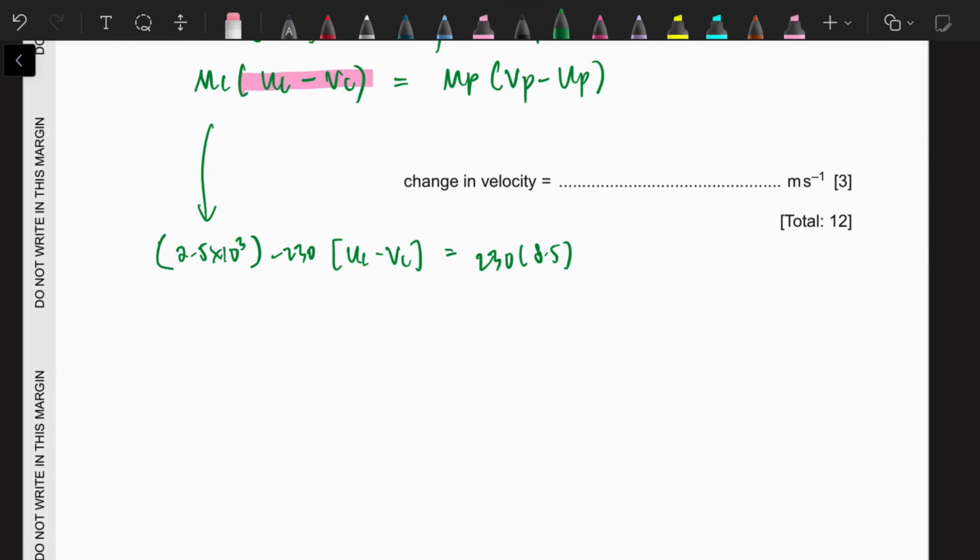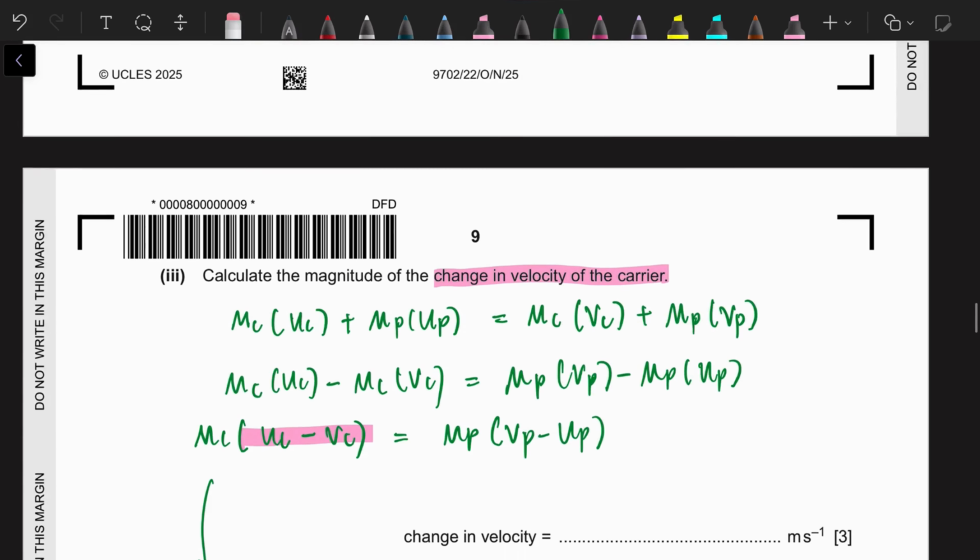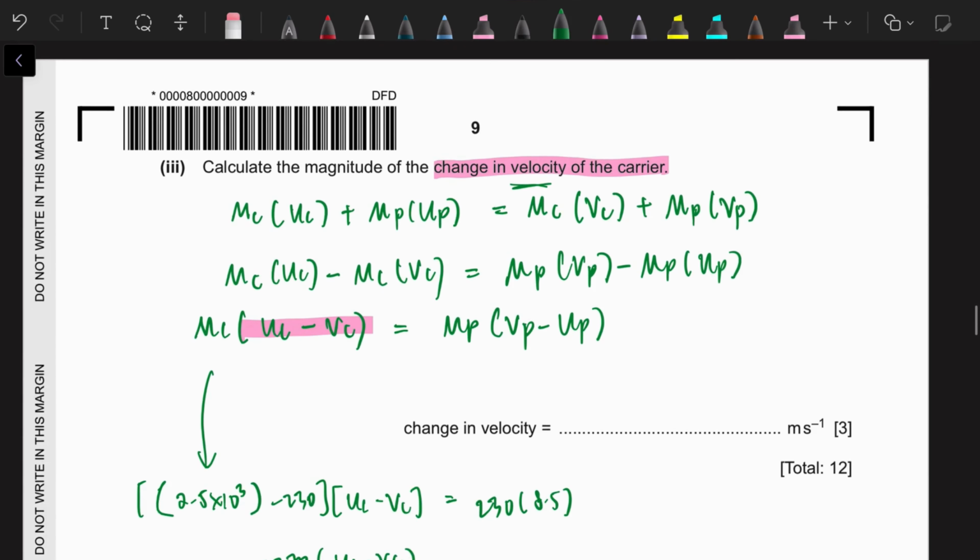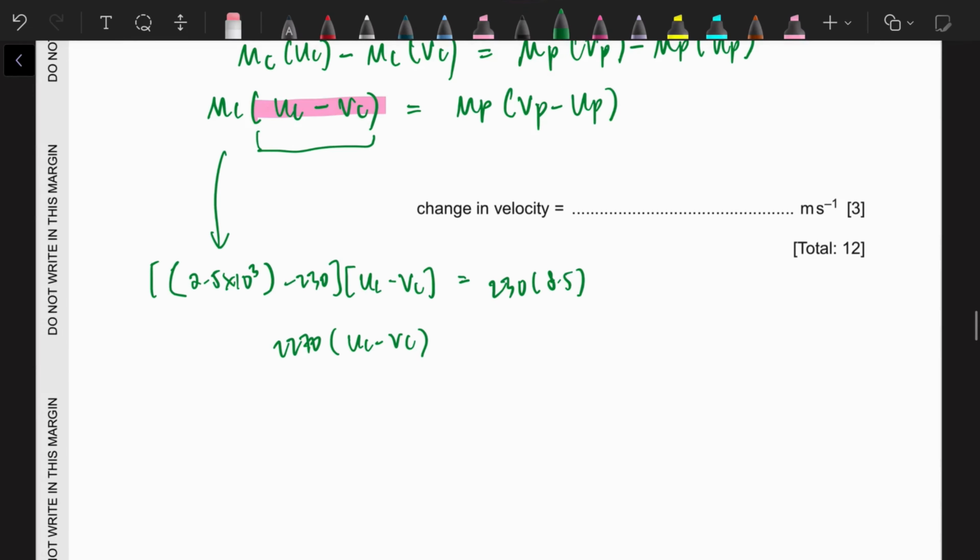So it's better you put a bracket for this. 2.5 times 10 to the power of 3 minus 230 gives me 2270, times UC minus VC. This makes our calculation easier because they straight away ask for change in velocity, and you do have a change in velocity term here, which makes your final answer easier to obtain. Yeah. 230 times 8.5 is 1955.